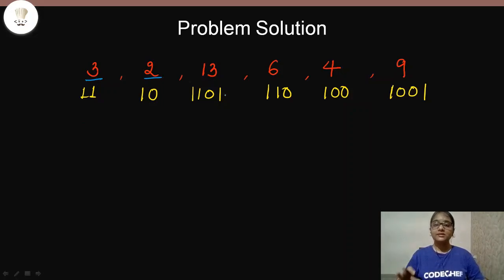It will remain the same no matter what the ordering of the array. Why is that? Because for any individual integer's binary representation, we cannot change the ones and zeros that are there. We can maybe change 2, 3, or we can change 6, 13. So instead of 13, 6, we can write 6, 13.